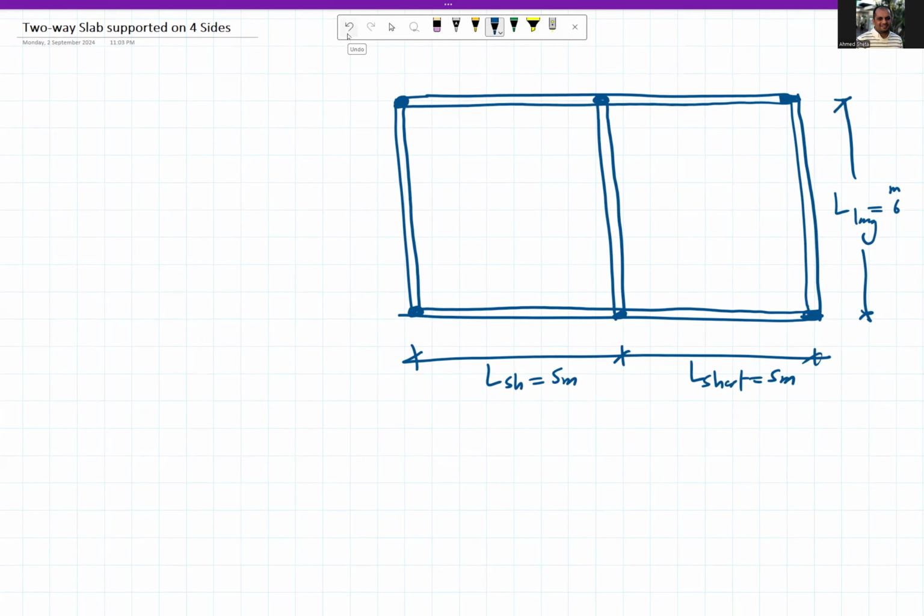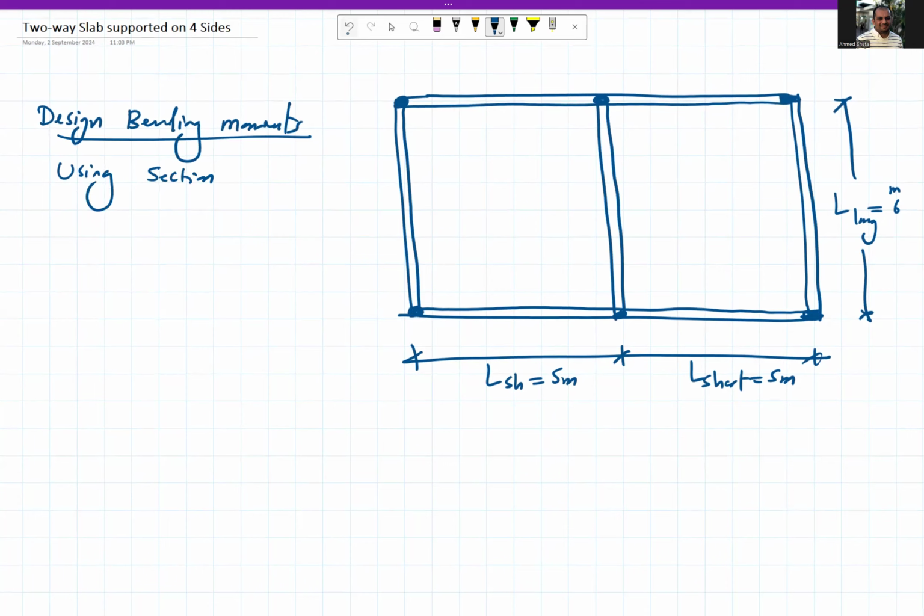Okay, so these moments, the design bending moment, will be calculated using section 6.10.3 of the Australian Standard.